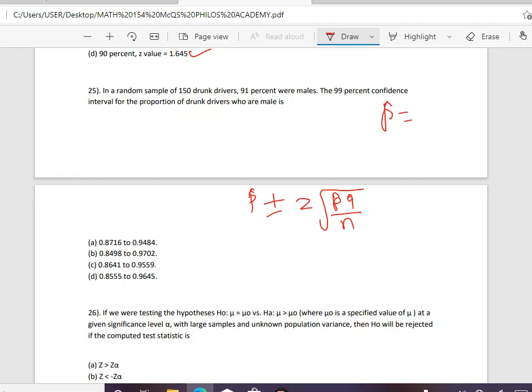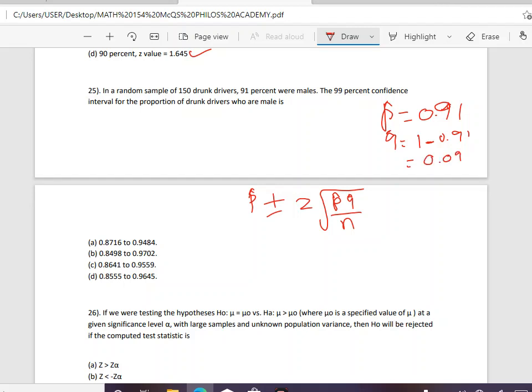Our P hat is 91%, which is 0.91, isn't it? Then our Q hat will be equal to 1 minus 0.91, which will give you 0.09.